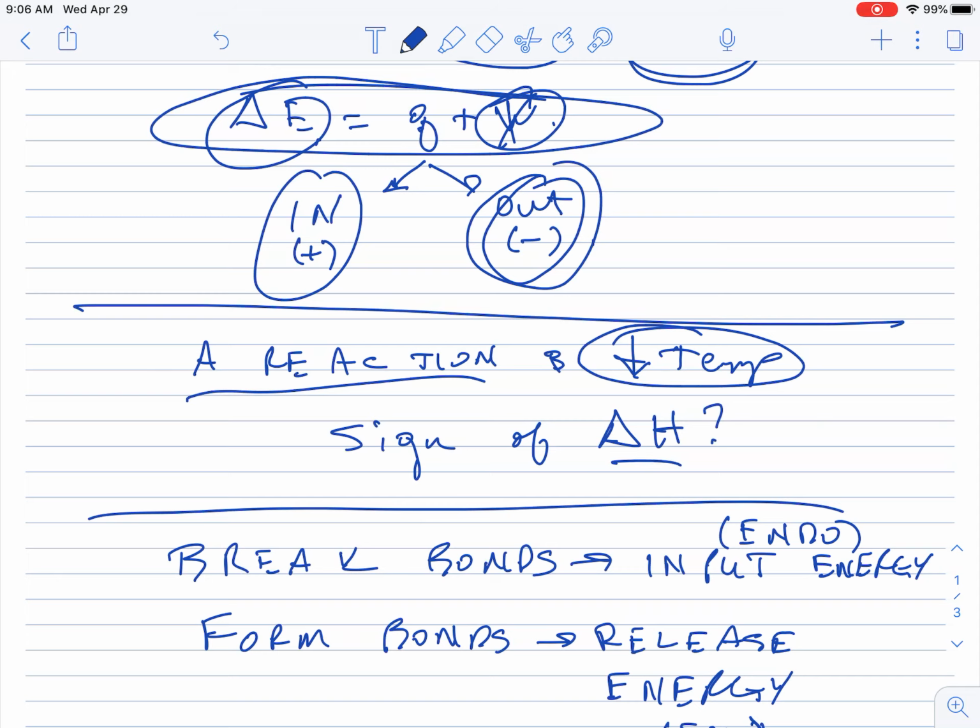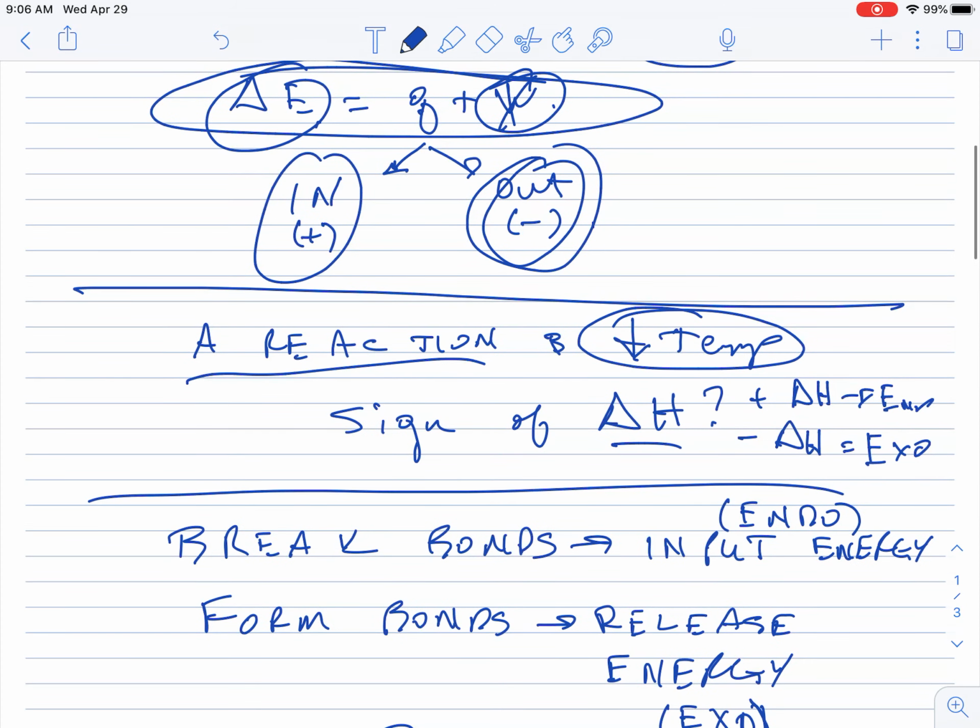One of the things you have to have completely solid is this idea that if you have a positive delta H, that means it's an endothermic reaction. And if you have a negative delta H, that's going to be an exothermic reaction. That is something you have to have down cold, don't give it a second thought. This is something that you have to know.